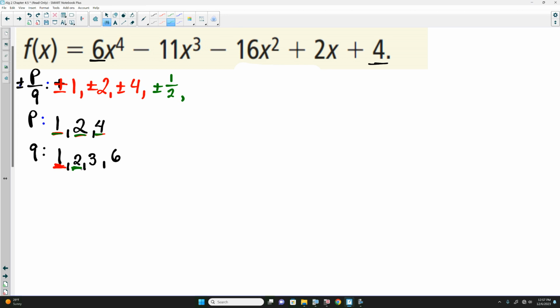Already listed, so we're done with that one there. Then we move on to 3. 1 divided by 3, plus or minus 1 over 3. Then we move to the next one, 2 over 3, plus or minus 2/3. And lastly, 4 divided by 3 would be plus or minus 4 over 3.